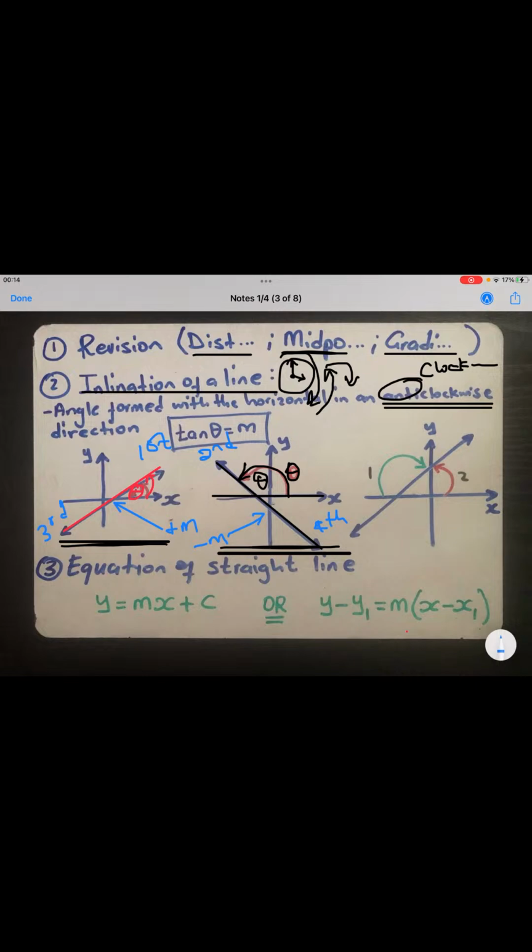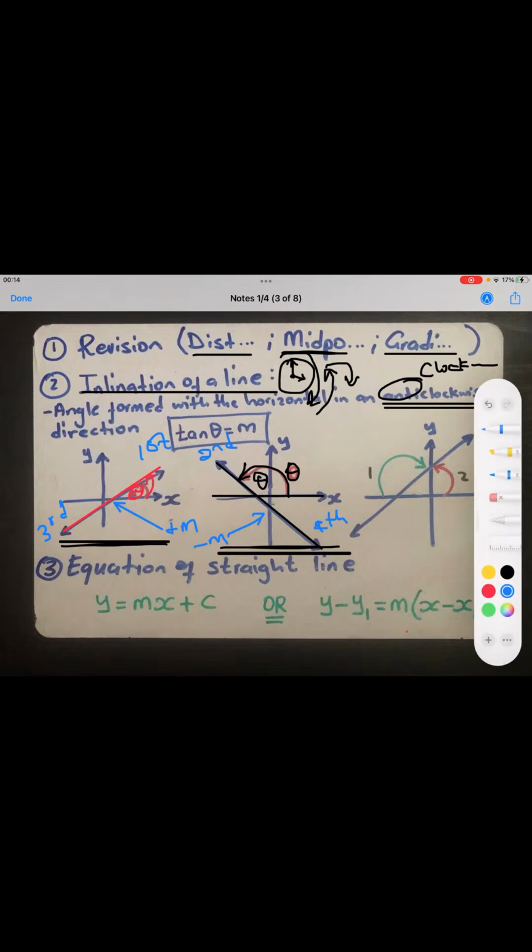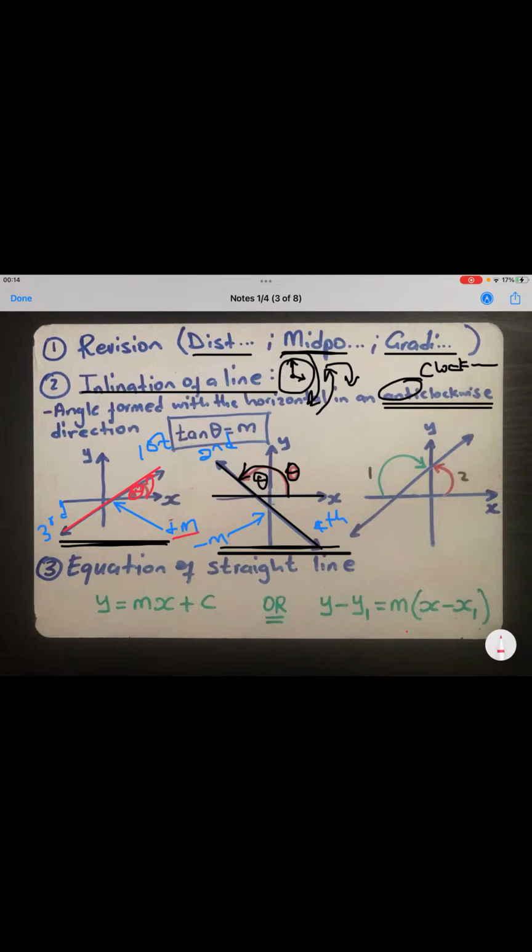In addition to that, it's worth indicating that where you are having a positive gradient, your angle of inclination will always be less than 90 degrees.